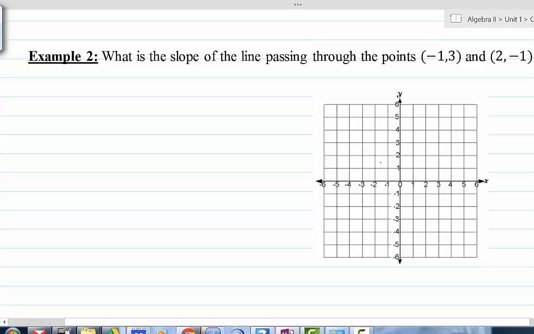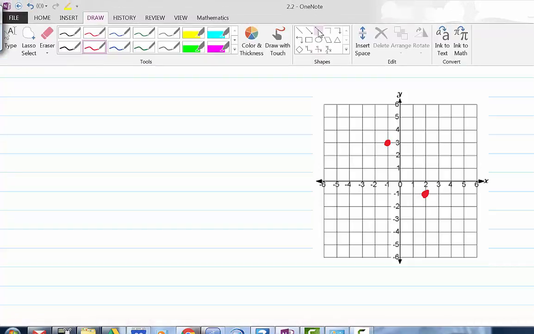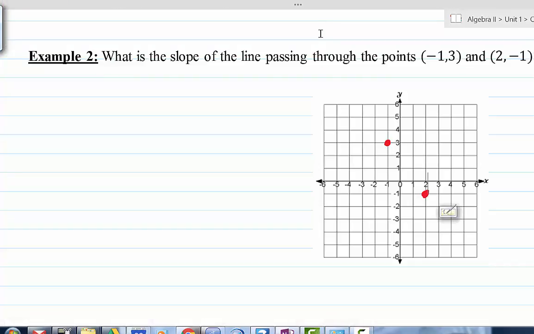Don't tell nobody. Here, -1, 3, and 2, -1. Those 2 points. So really you're trying to find the slope of that line. Well, really a line that passes through those 2 points.